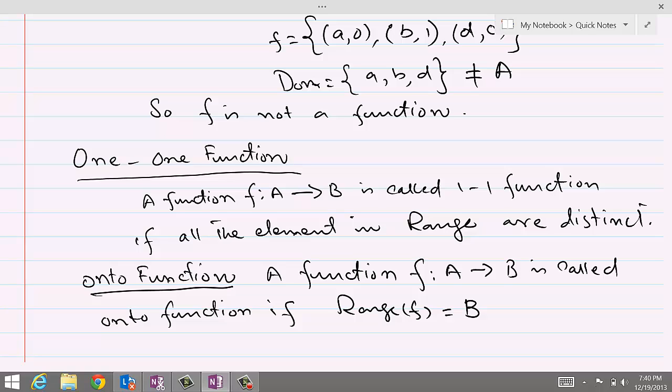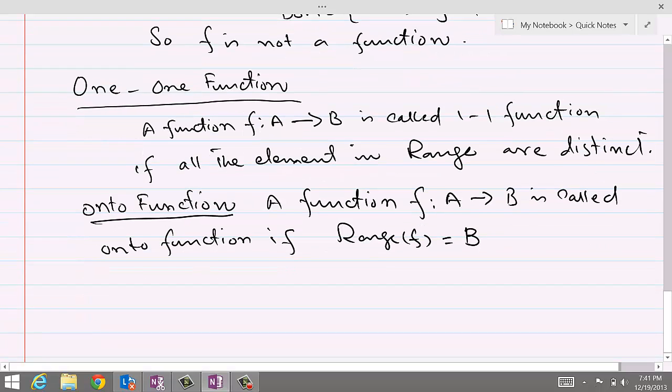But those conditions were on the domain. Now we are talking about the same two conditions, but this time with reference to the range. If the range of the function does have distinct elements, then that function will be called one-one. If the range of the function is equal to set B, then it's called an onto function.